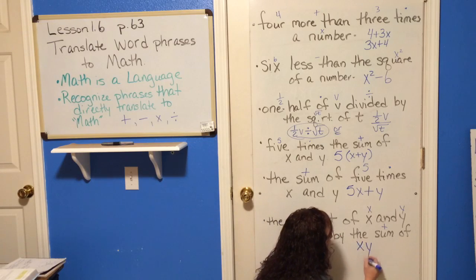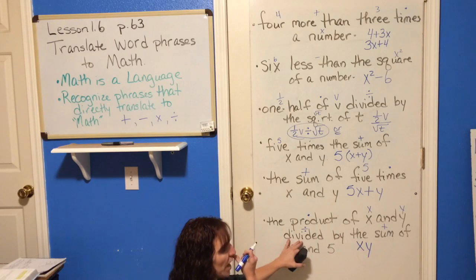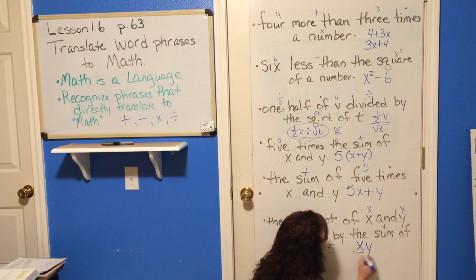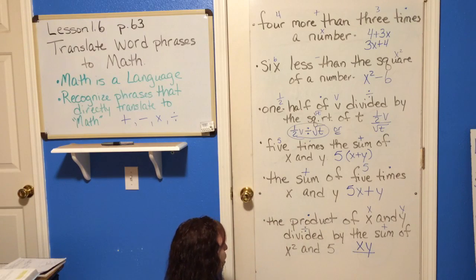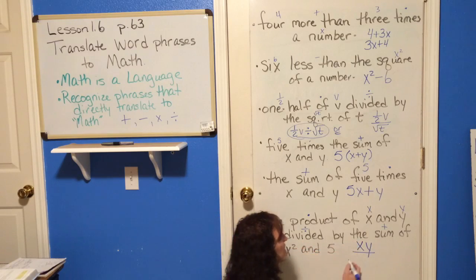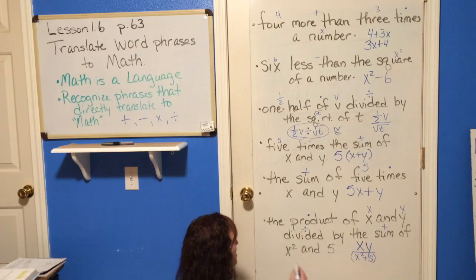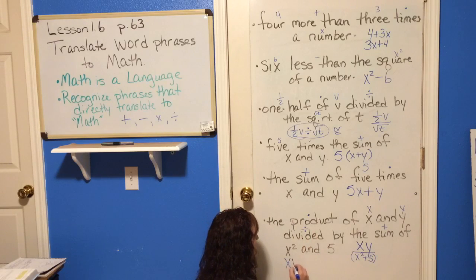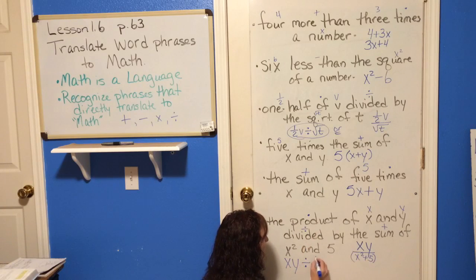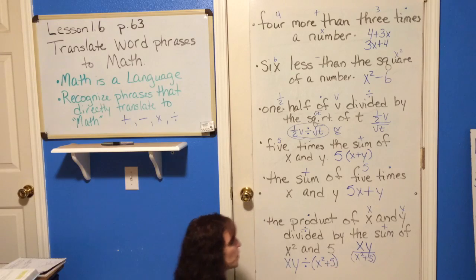So we can just put them right next to each other to show the product of x and y divided by, and you can either put a division sign, or here I like to put a division bar, but if you would like, we'll do it the other way in just a minute. Divided by the sum of x squared and 5. So the sum is x squared plus 5. So that one would be the same as the product of x and y divided by the sum of x squared and 5. So either one of these would be correct.